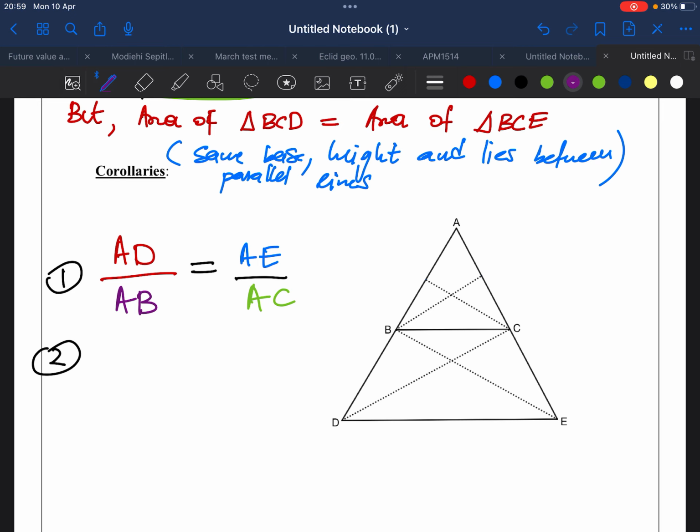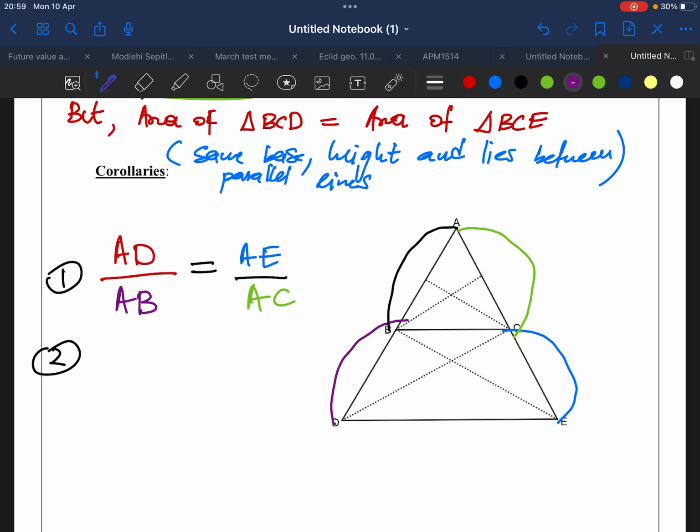We see that DB over BA is equivalent to EC over CA.